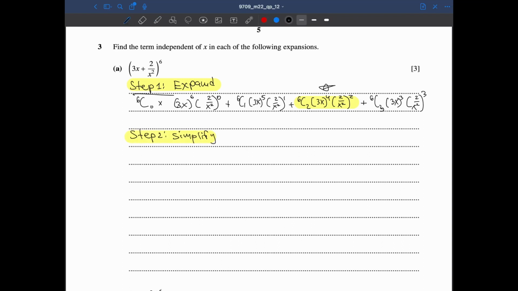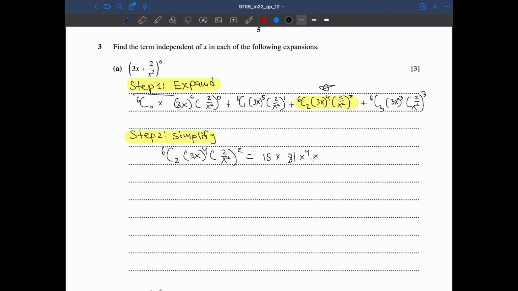Let's simplify everything. So we have 6c2 multiplied by 3x to the power 4 multiplied by 2 over x squared to the power 2. If we plug in 6c2 into our calculator, we get 15, and then 3 to the power 4, that's 81.